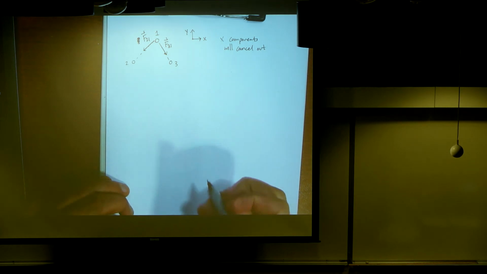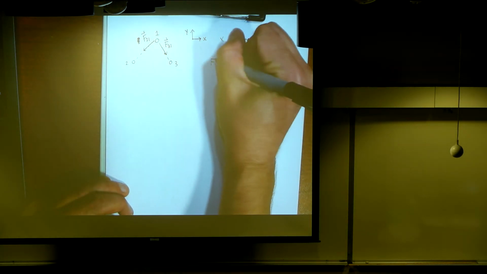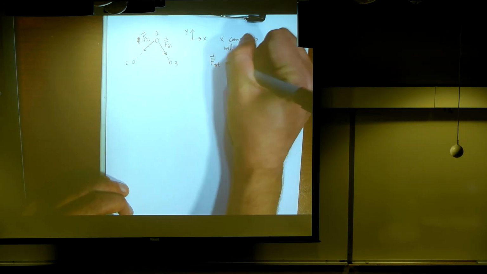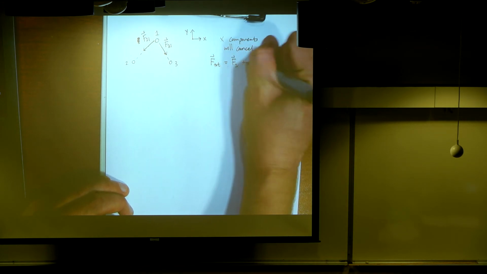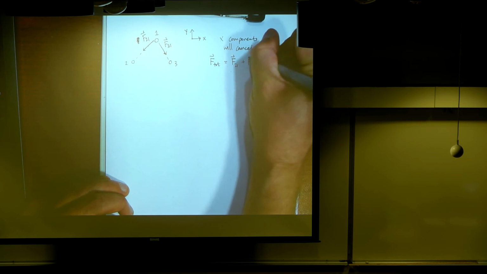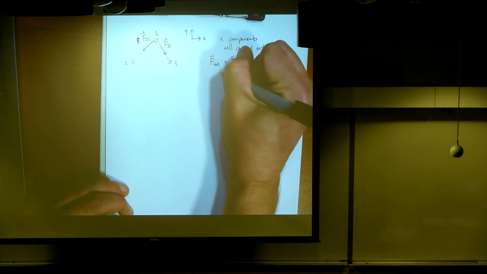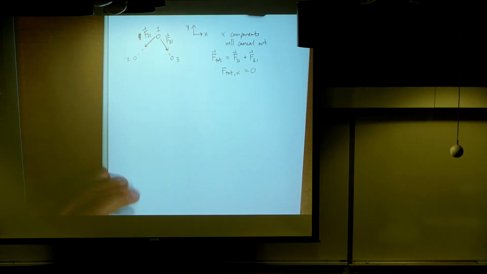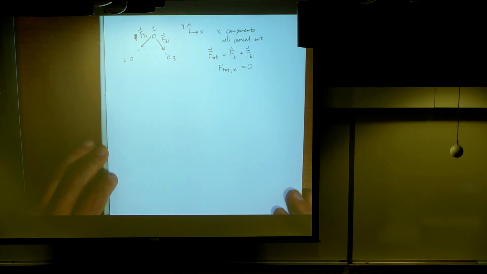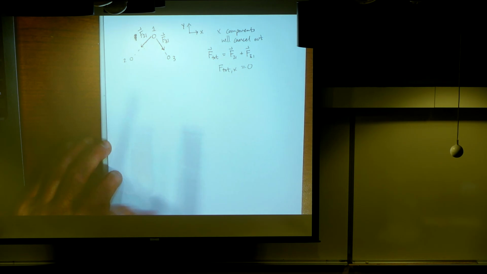That makes sense? In other words, if I'm trying to find the total force, which is the sum of F21 and F31, the X component of that total force is going to equal 0, okay? I mean, we could work it out mathematically, but hopefully that's just clear to see.